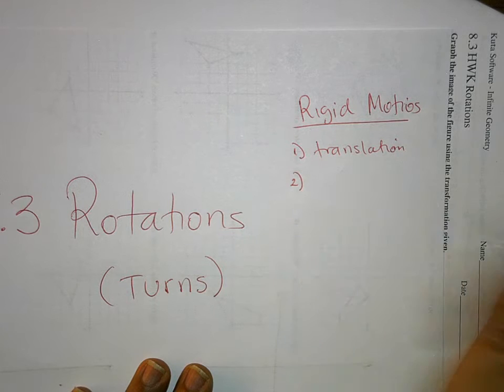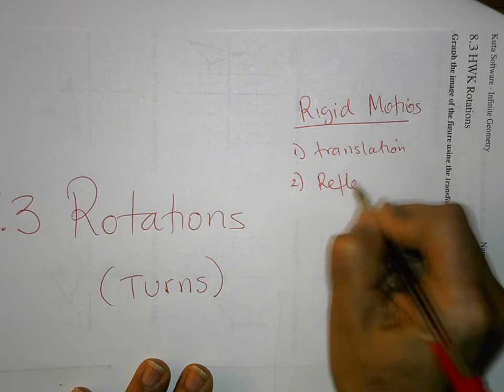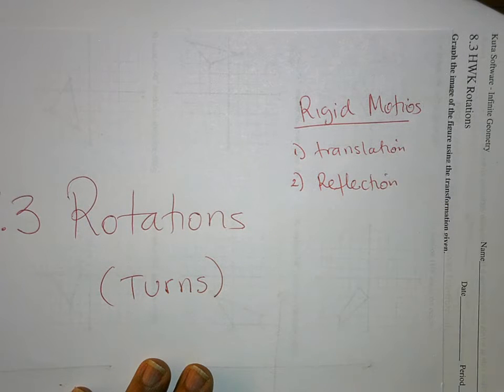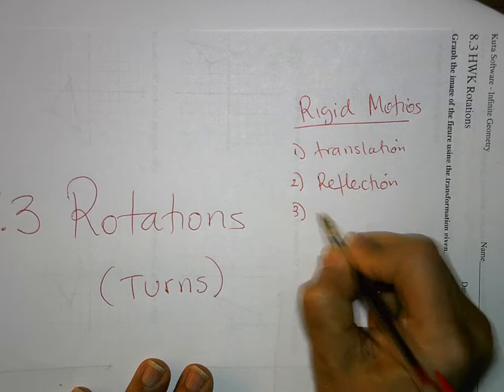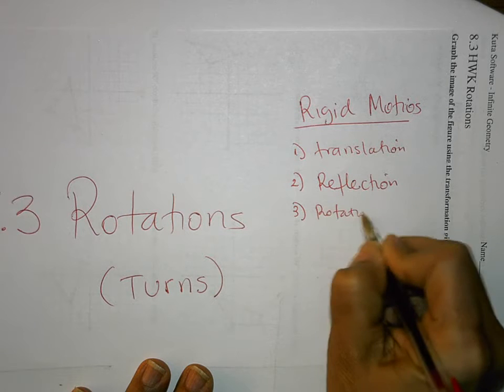The second rigid motion we talked about was reflection. And reflection always has a line of reflection that you need to flip the figure over. So there's always a line of reflection, and there's an equidistance between the image and the pre-image. And then the third one is rotation.